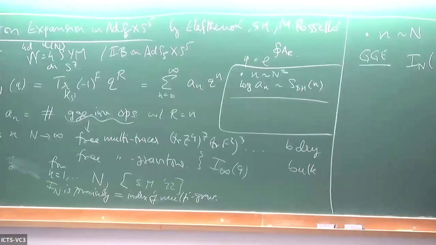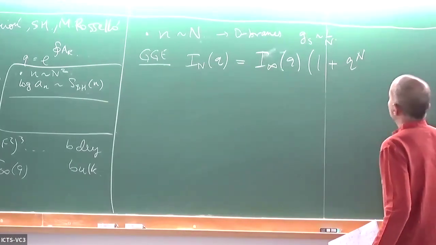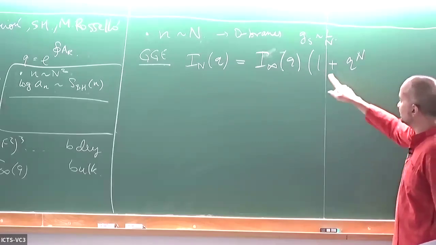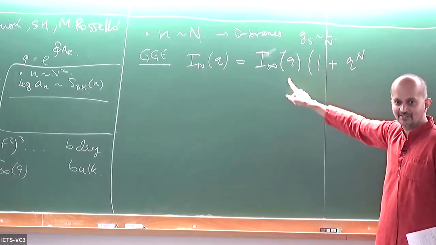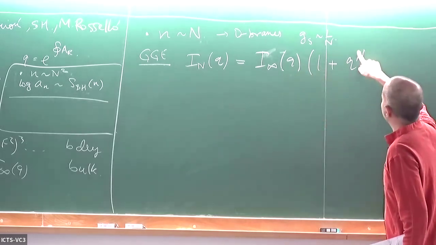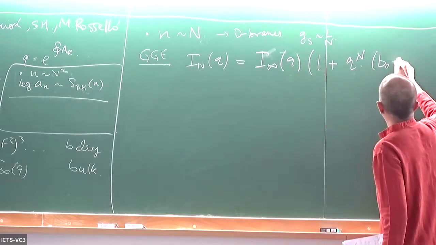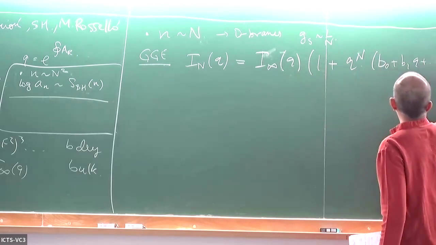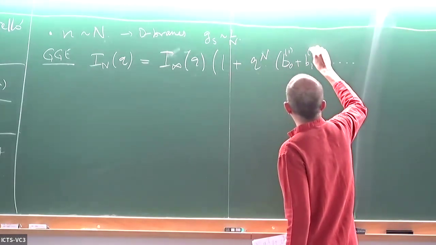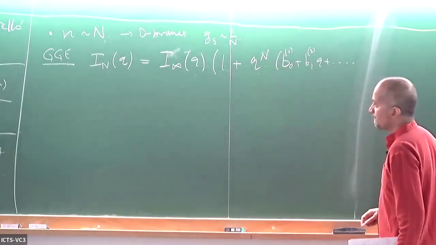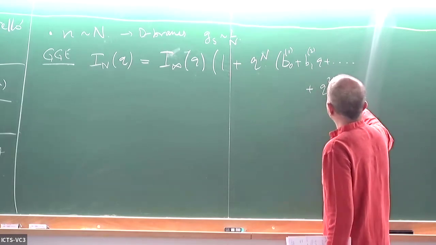Now, something new happens at q to the n. I might as well factor out I infinity. I can or I cannot, but this is the right thing to do. Then it turns out there's a new series here. This is B0 plus B1 q plus dot dot dot. And I'll call these B01, B02, etc. Then similarly, there's a new series at 2n.